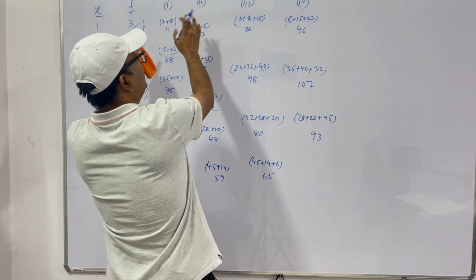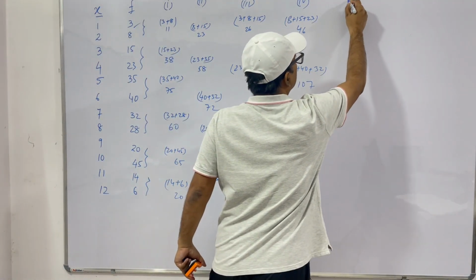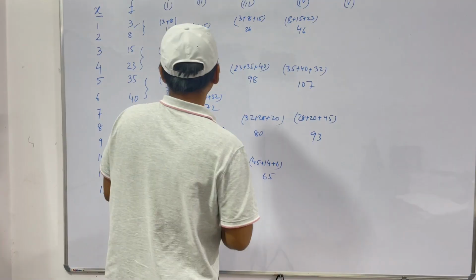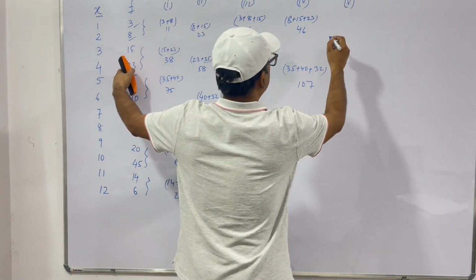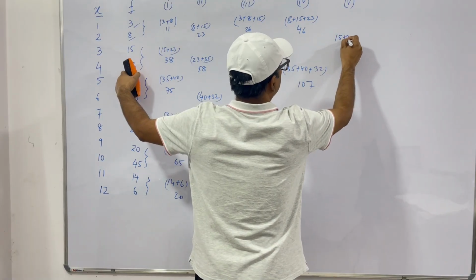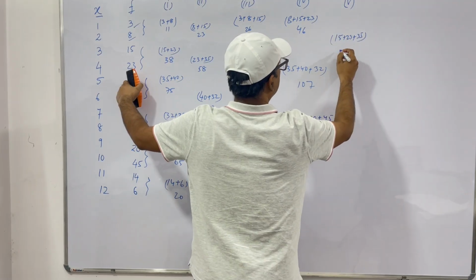Then for 2 by 2 we had taken 2 columns. For 3 by 3 we will take 3 columns. So we will have another column here. That will be the last column. We will leave 2 frequencies and then add. So 15 plus 23 plus 35 is the first one.